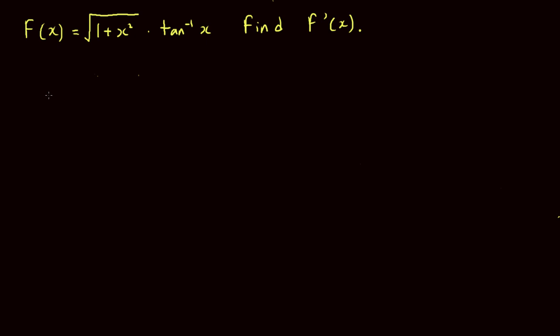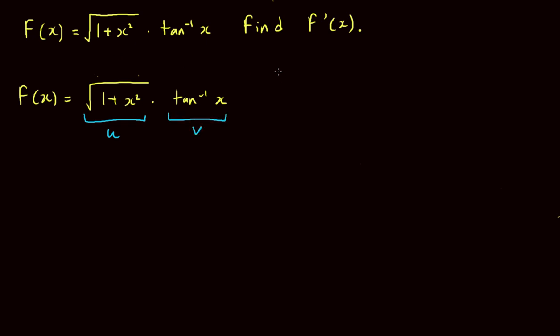Assuming you have already paused this video and given it a shot, let's solve this problem together. f(x) is equal to the square root of 1 plus x squared multiplied by the tangent inverse of x. This one obviously needs the product rule, so I'm going to split it into u and v. u is equal to 1 plus x squared to the power of half, and for du/dx we use the out and in rule, bringing the half down.